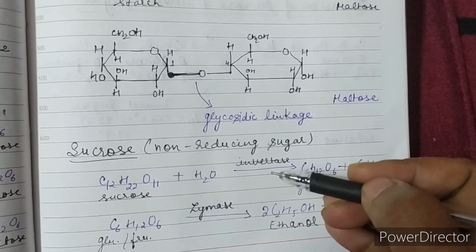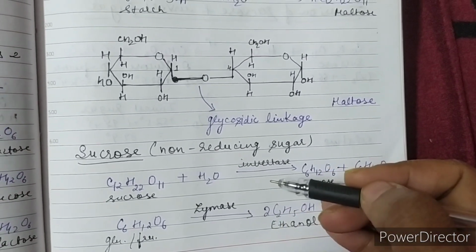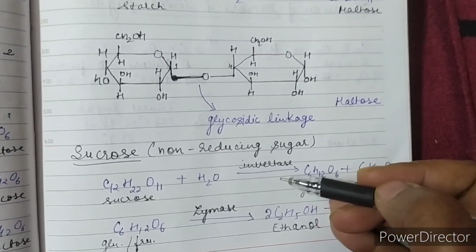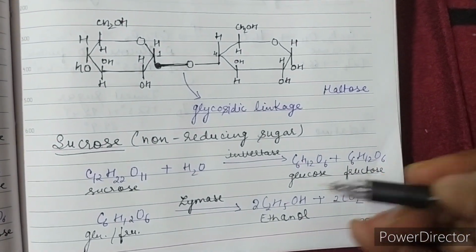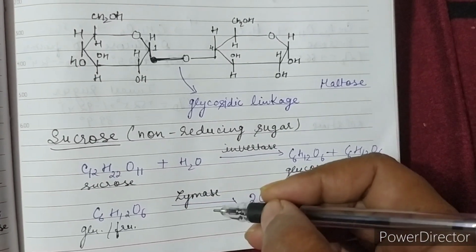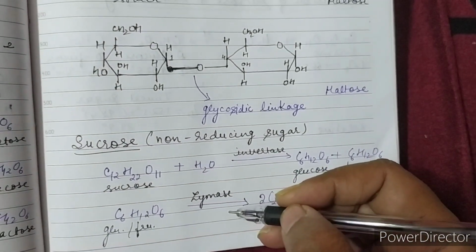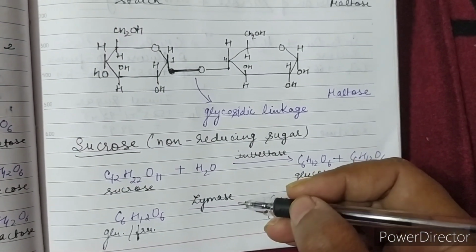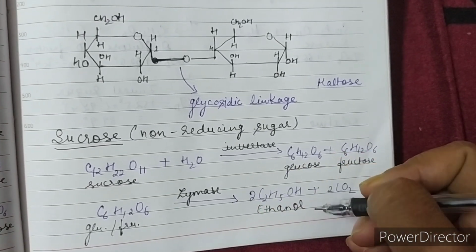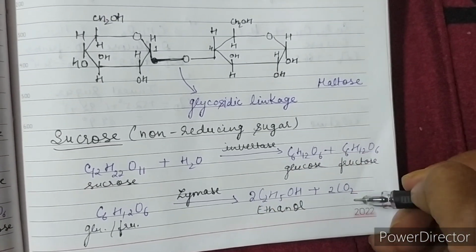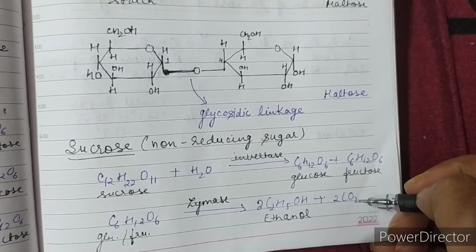On hydrolyzing this aqueous solution with the enzyme invertase in yeast, it gives you two molecules, one each of glucose and fructose, which in the presence of the enzyme zymase will give you alcohol, that is ethanol, and carbon dioxide.